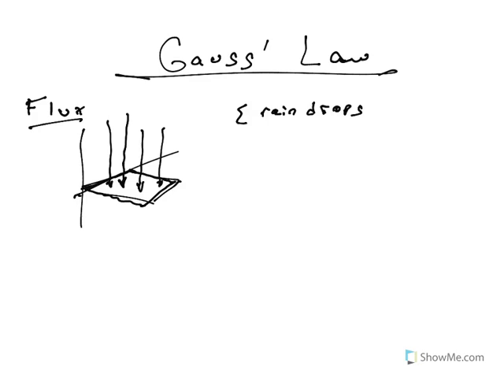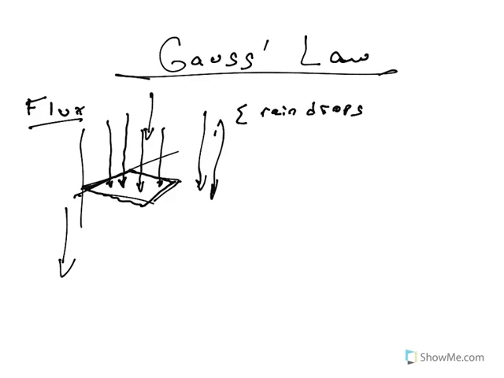Well, how much is that? It's the number of raindrops total, because remember, you may have rain over here, and over here, and over here. You're going to add up all the raindrops, but only the amount of the rain that's going through this particular area. Okay?